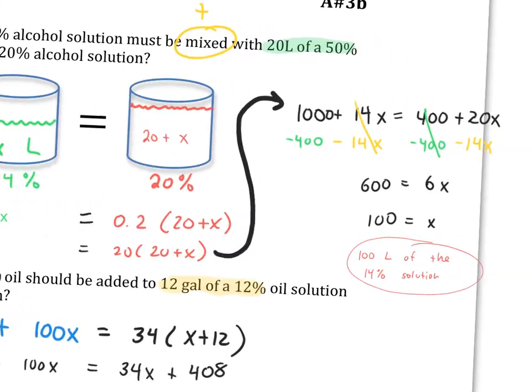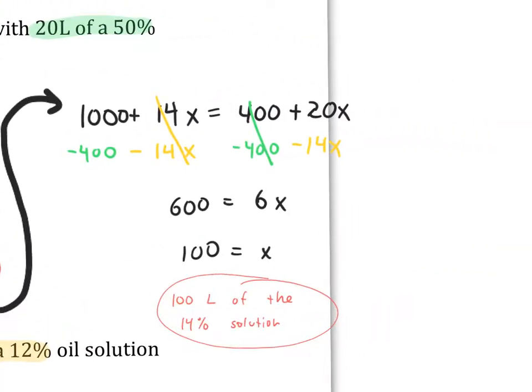When we keep working through that and do our distributive property, we get 1,000 plus 14x equals 400 plus 20x. Now I'm going to collect my variables by subtracting 14x from both sides and 400 from both sides to get 600 equals 6x. So x is 100. So practically speaking, I need to pour 100 liters of the 14% solution in.